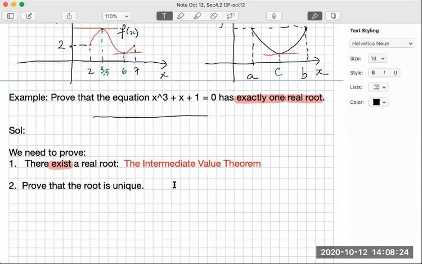And second, we need to prove it is unique. So how can we do that?